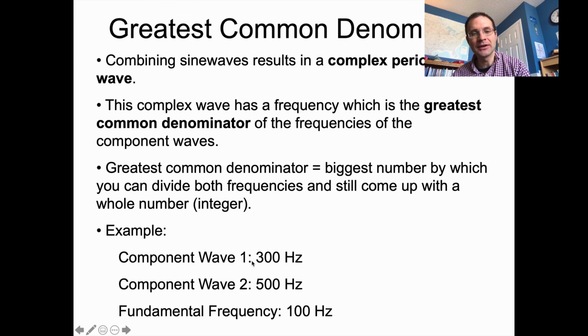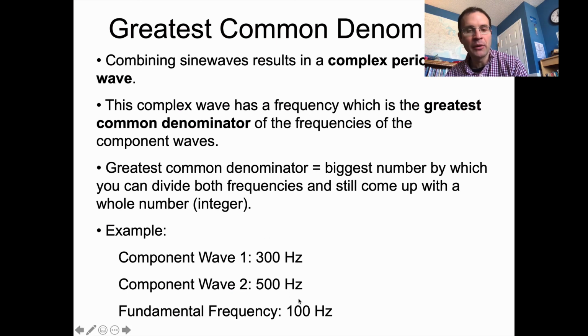So let's say I took a sine wave of 300 hertz and added it to a sine wave of 500 hertz. It would give me a complex wave, and that complex wave would have a fundamental frequency of 100 hertz. Again, these numbers, 300 and 500, can both be divided by this number, 100, and you will get an integer or whole number result from that division, right?